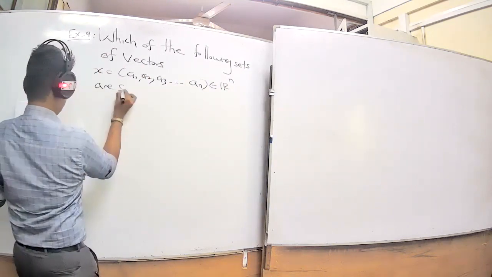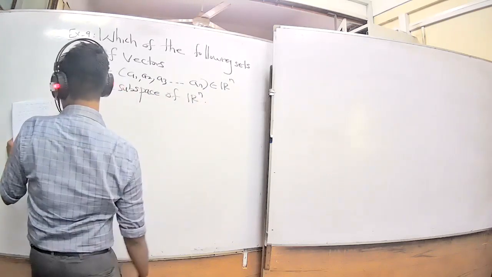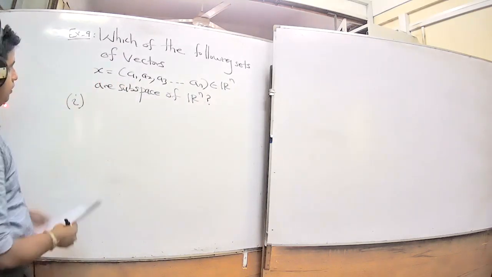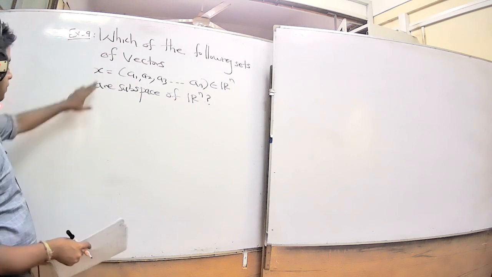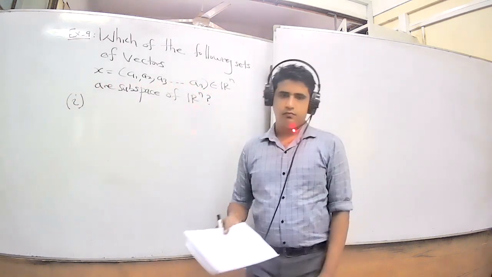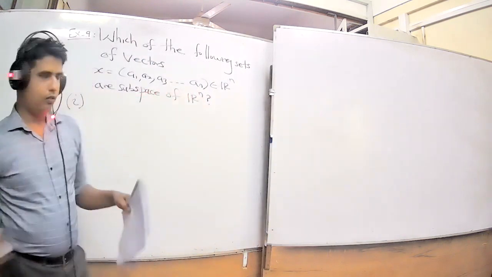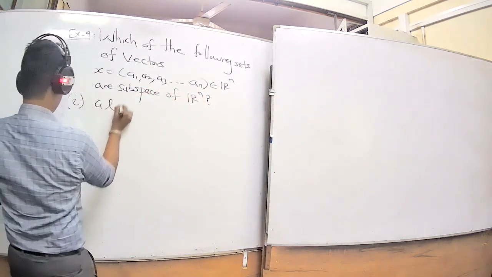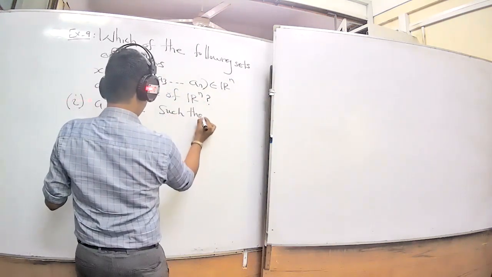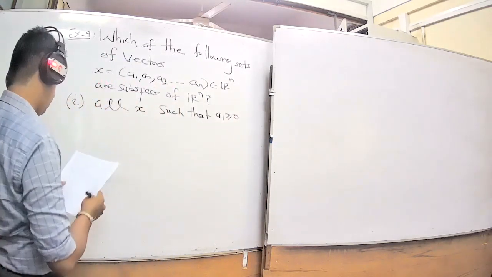The first one is: all x such that the first value is greater than or equal to 0.